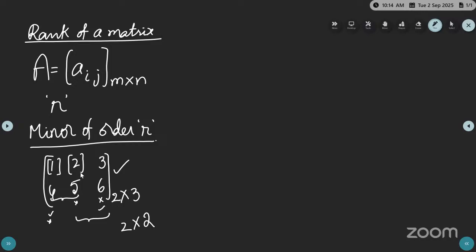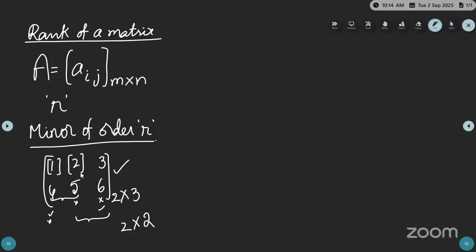Right. Now this is more important, getting the value of the minors. Now what is the rank of the given matrix? Among m by n, whichever is lesser, minors of that order will be calculated at maximum. If it is 2 by 3, you may find minors of order 2 at maximum. If it is 3 by 4, minors of order 3 at maximum.